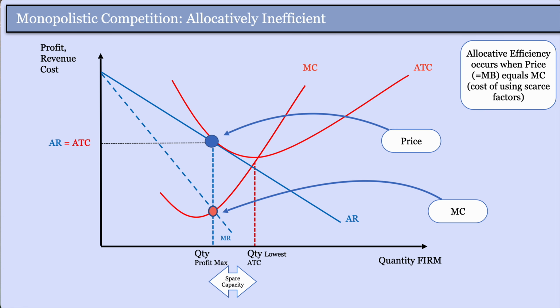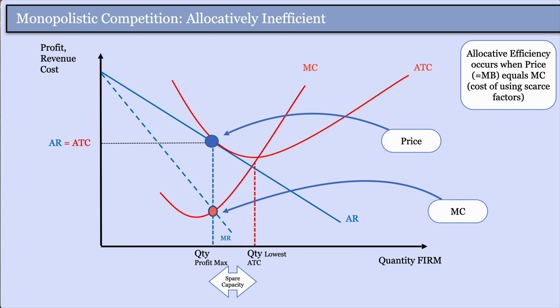Okay. What about allocative efficiency? Well, remember, the price is up here in this market and the marginal cost is here. And so that cannot be allocatively efficient. You've gone to a point where you are allocatively inefficient because the price, the marginal benefit received by the consumers, is going to be greater than the marginal cost of production.